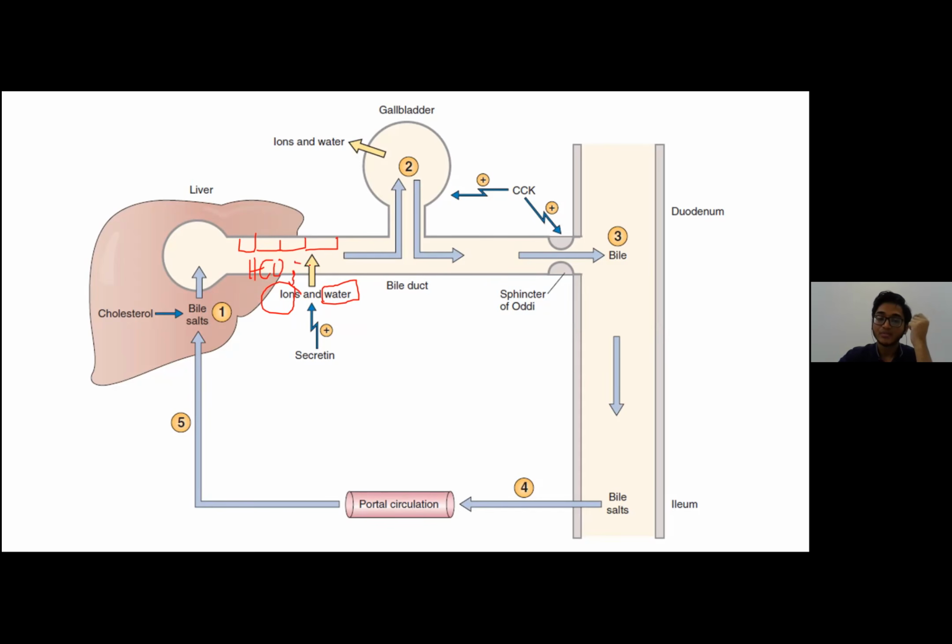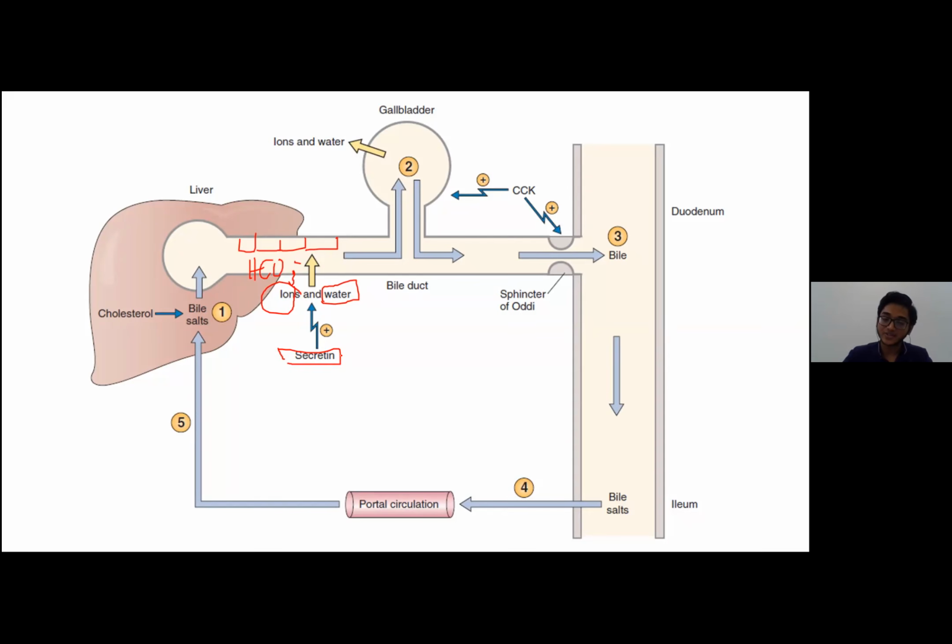And you need to know that bicarbonate secretion is stimulated by a hormone called secretin. This is very easy to understand, okay? You can think of secretin as like a negative feedback loop. I'm explaining these general concepts, and we're going to repeat them so many times later on, so it'll be easier for you to understand.